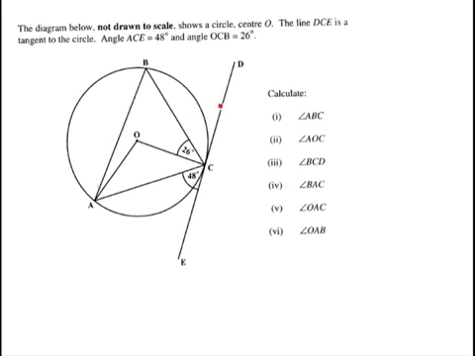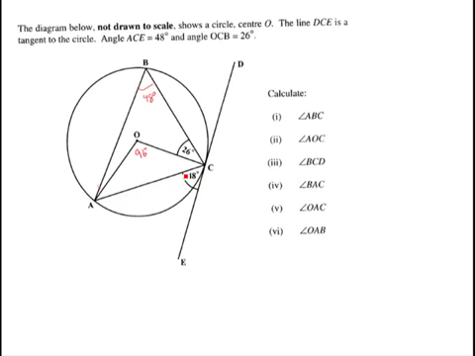We said this angle over here is 48 degrees, and this one here is going to be 96 degrees. 48 degrees because this angle between the tangent and the chord is 48.